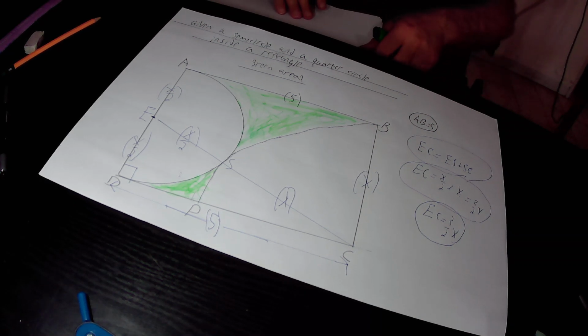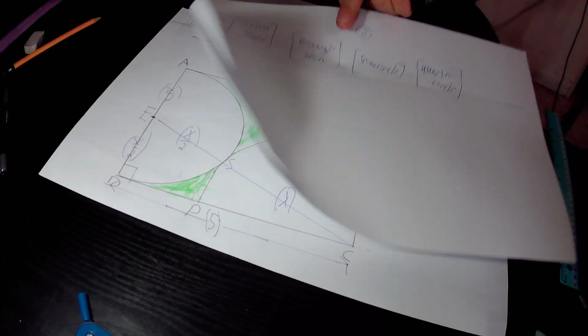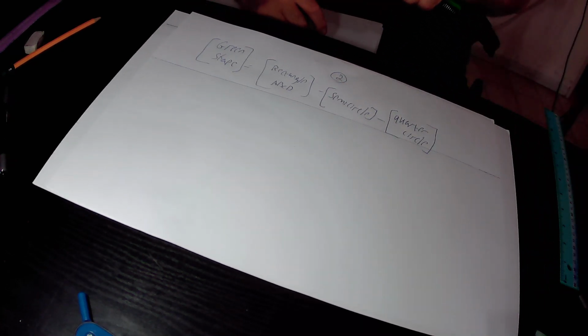Repeating again, the area of the green shape in total equals the area of rectangle ABCD minus the area of the semicircle minus the area of the quarter circle.